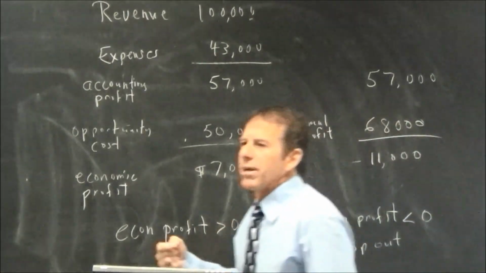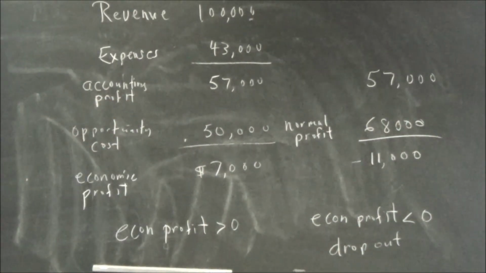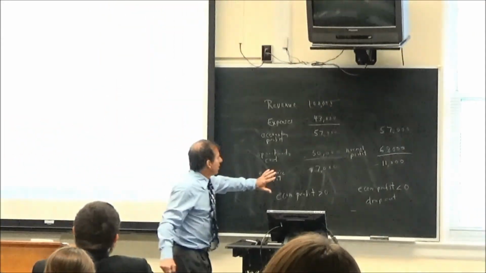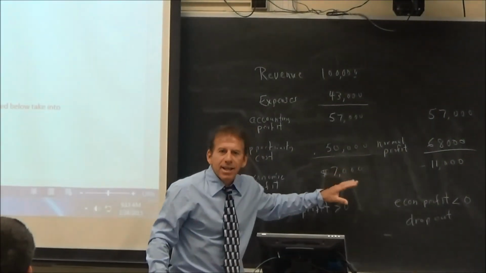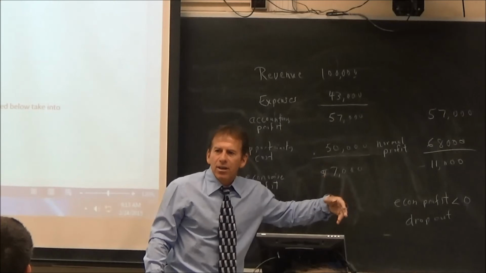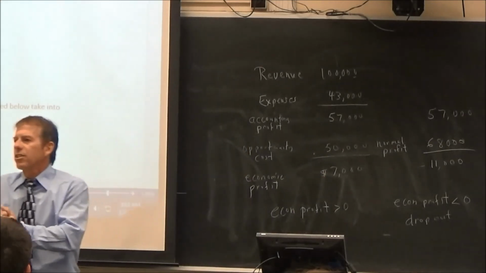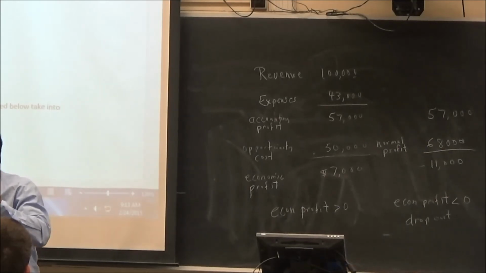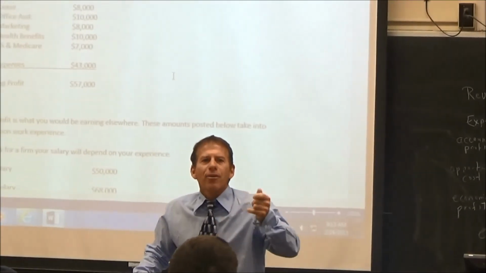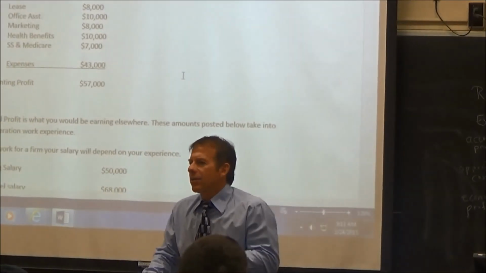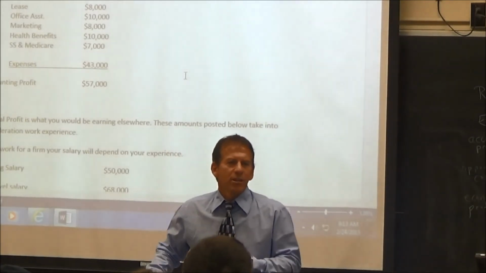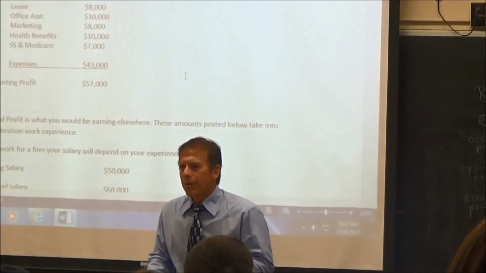Whenever you look at businesses entering into an industry and dropping out of an industry, they're going to do it based on their economic profit, not their accounting profit. You can make money and still lose. If you come out of school and you are offered a job in sales making $25,000, and you come out of the College of Business here, should you take that job?